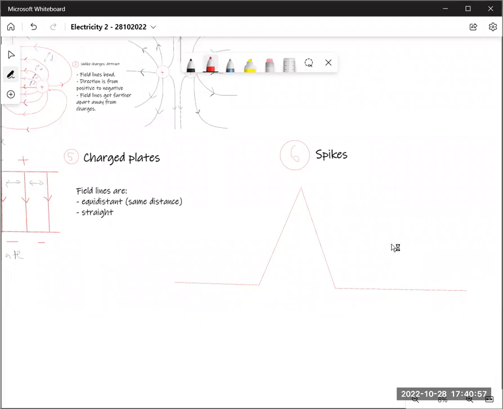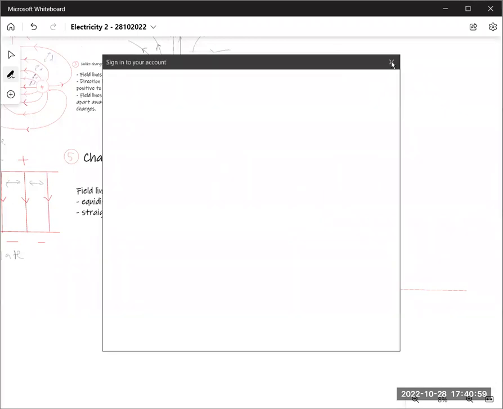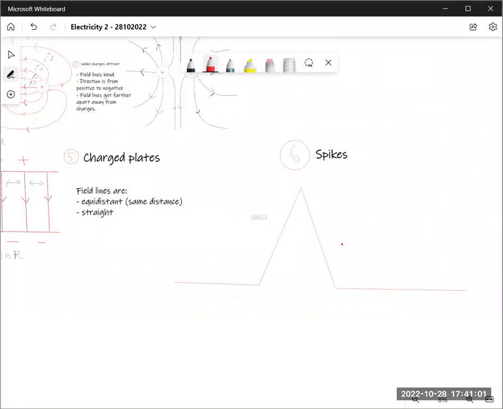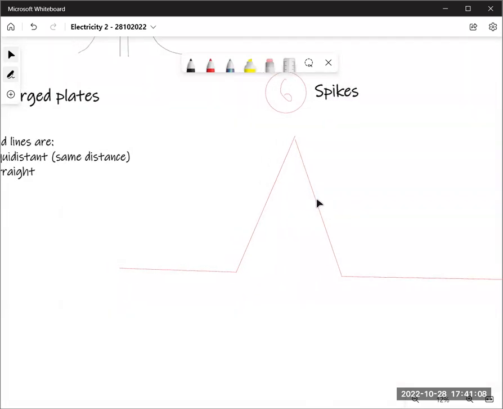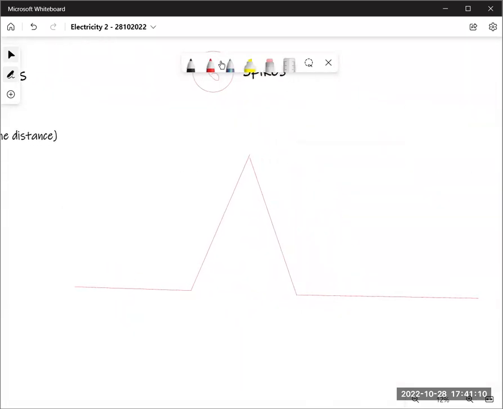Now our job is to draw the electric field lines from here. What does this mean? If all of these are positive, there's a lot of positive charge here. What will it look like?